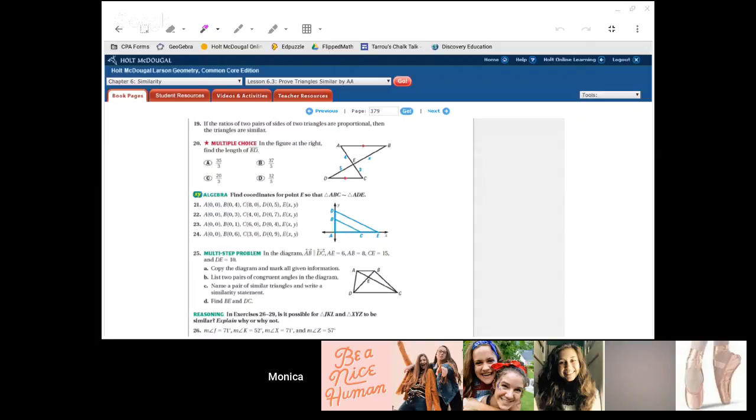So what scale factor did you use then? Okay, 5 and 4 are not the corresponding sides there.